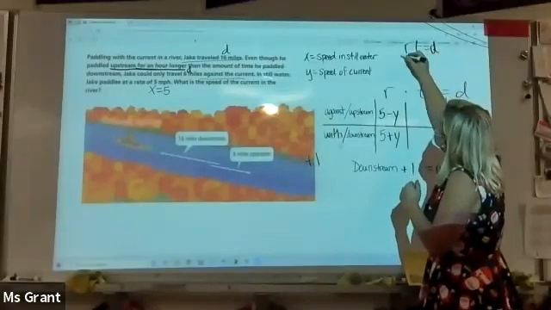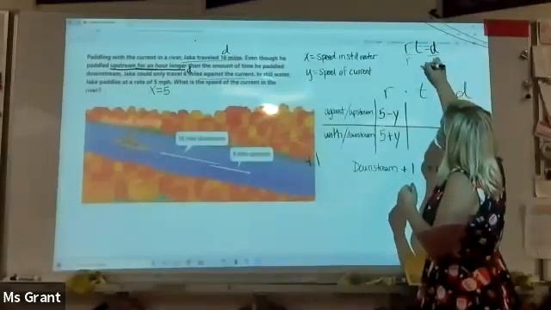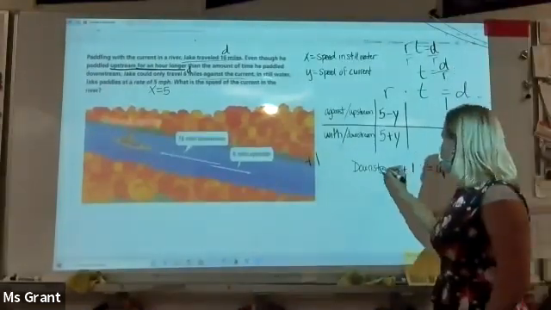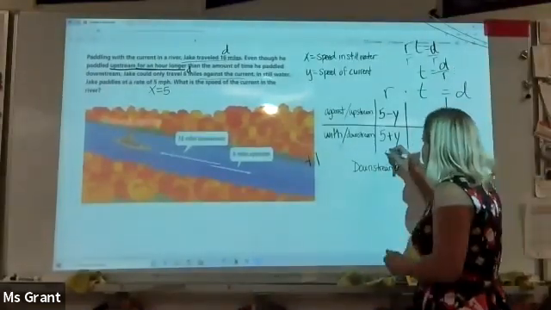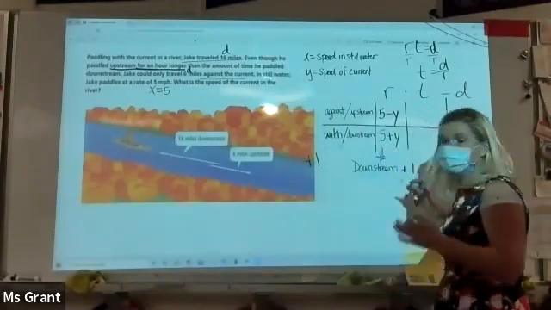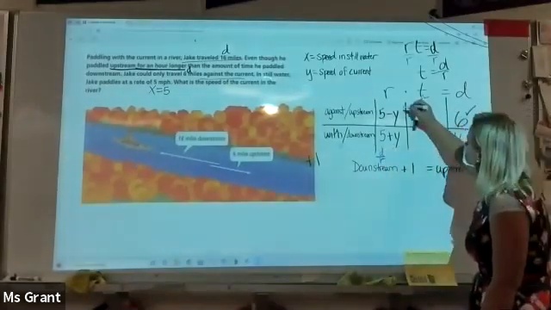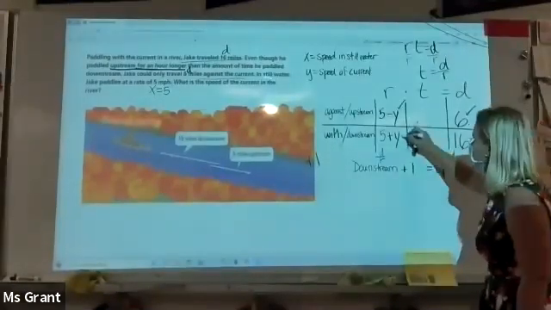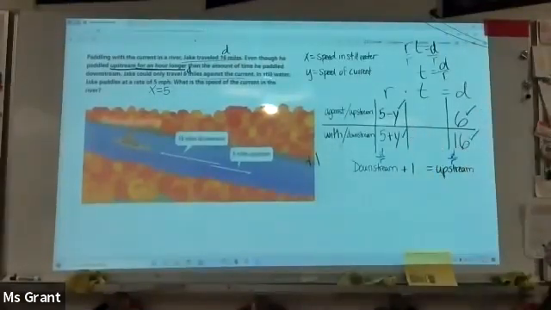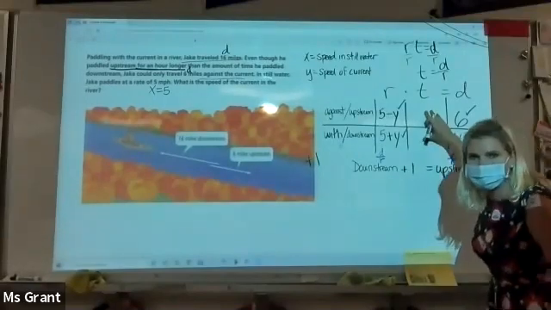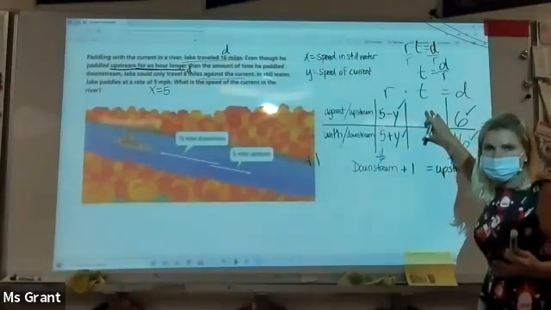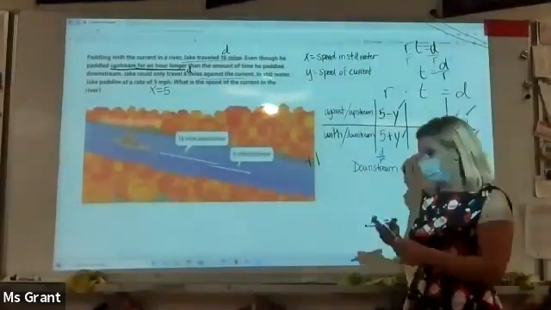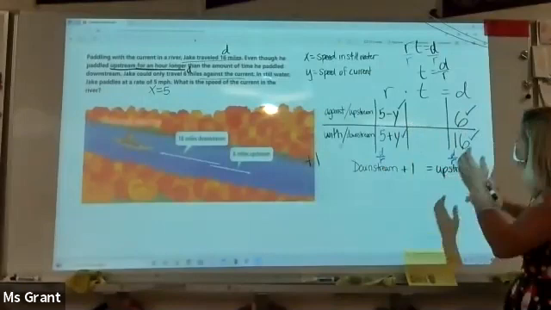Let's solve for t. Distance divided by rate. And look, I have those filled in. Distance divided by rate. You can't work with time because you don't have any numbers filled in. You knew this plus 1, but there was no x plus 1 or x or any variables there.